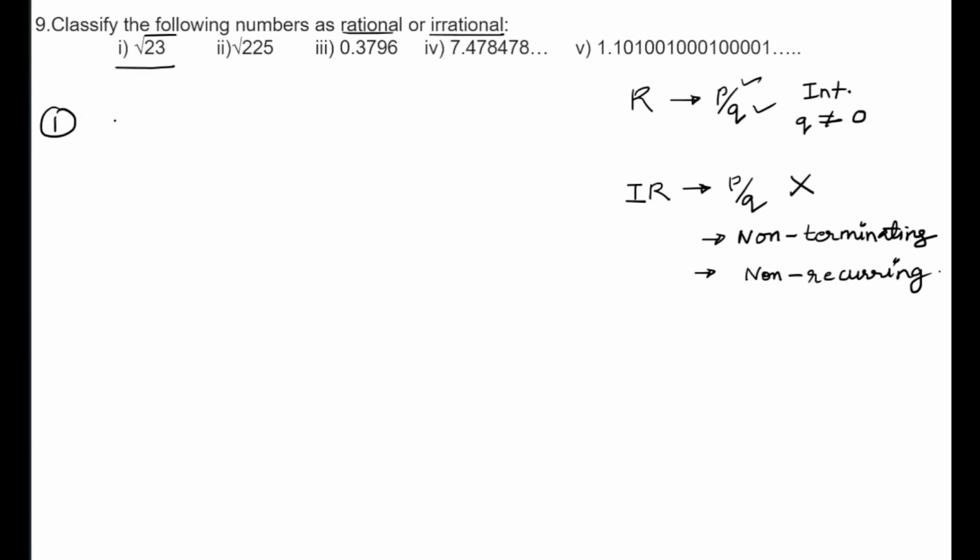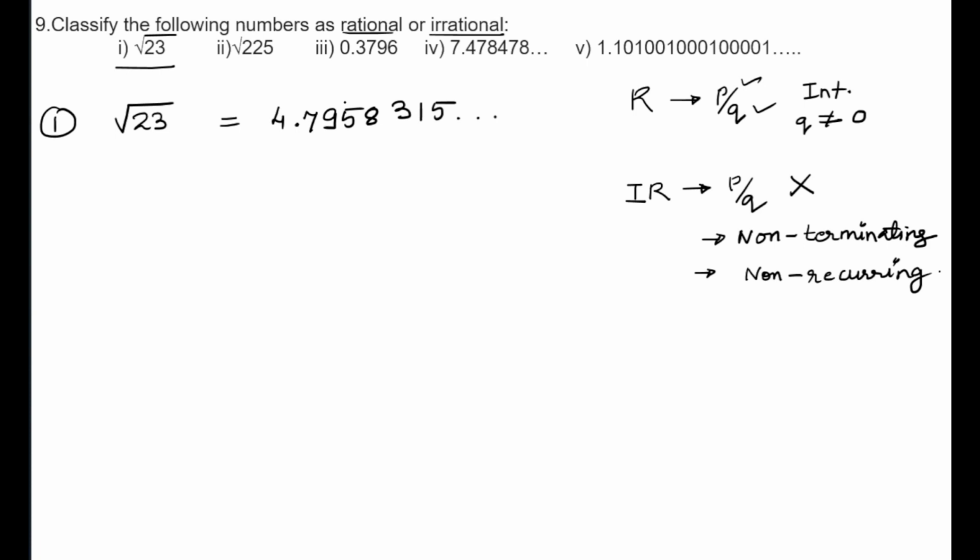So the first question is root 23. So when you calculate the value of root 23 by the long division method, the value that you might get is 4.7958315, and it will keep on going because you will never get the remainder value equal to 0, right?